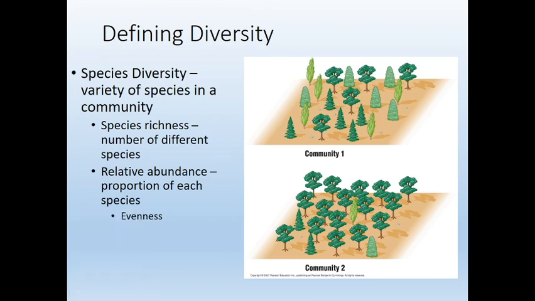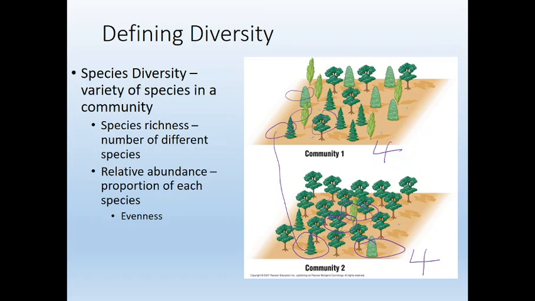If we look in community 1, we have 1, 2, 3, 4 different species, and community 2 also has those same species, there's 2, 3, and 4. So community 1 has a species richness of 4. Community 2 has a species richness of 4.